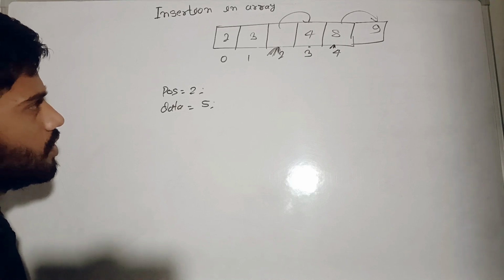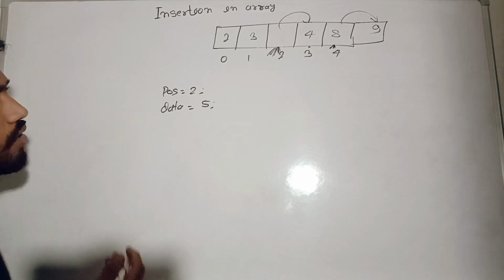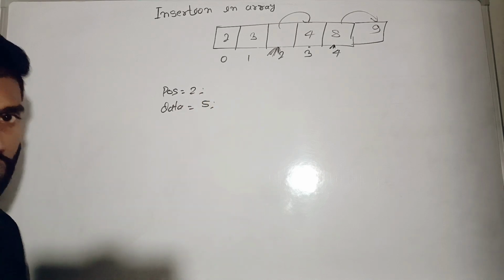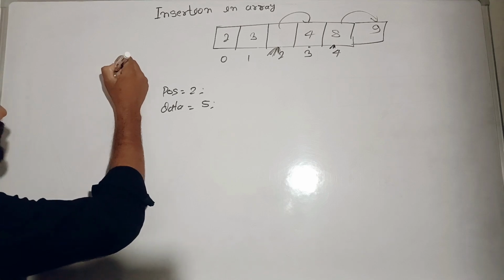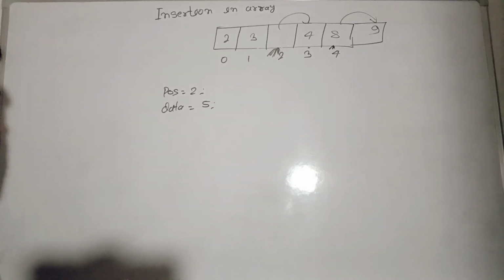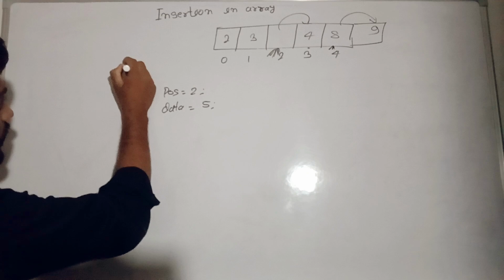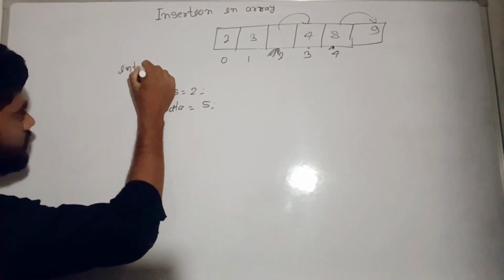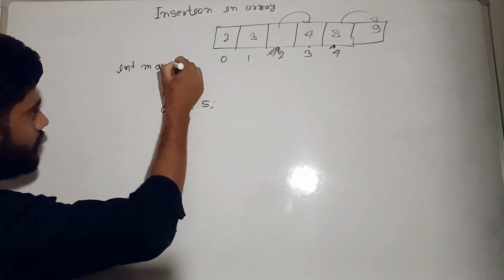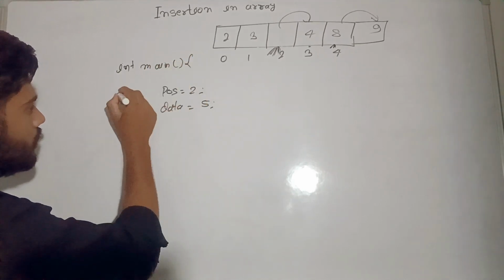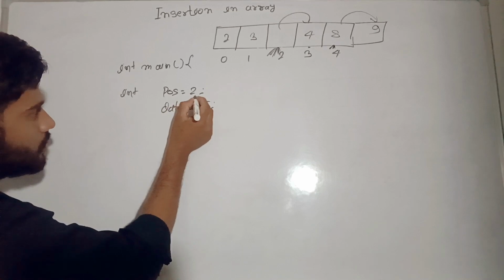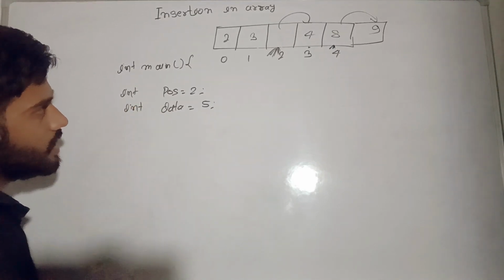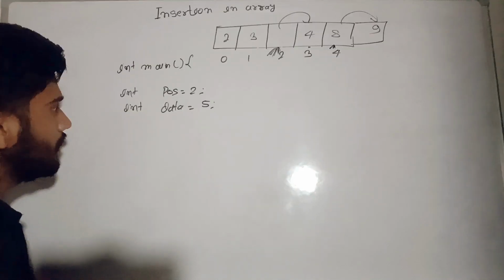Now we will see with the help of code how we can implement these things. Here we are not going to write the header files, assume that and write them yourself. I am going to start with the main function, and we have noted which position we want to insert data and which data we want to insert, right?